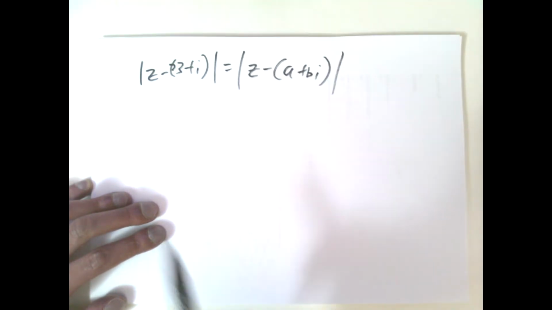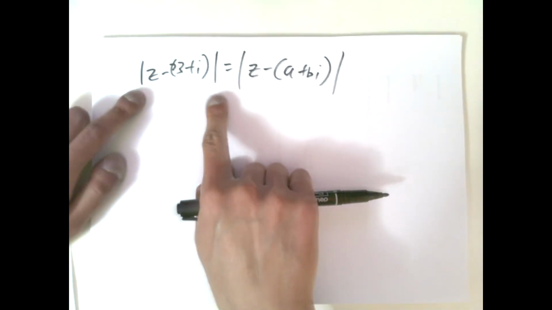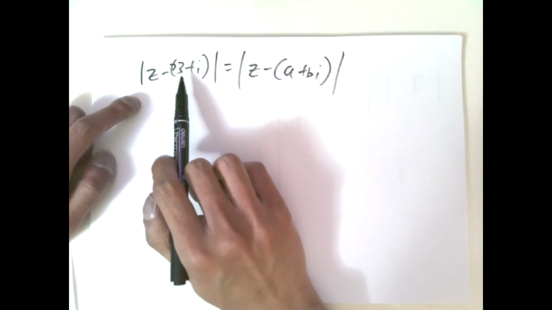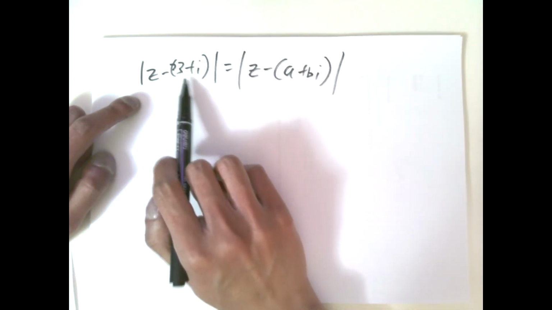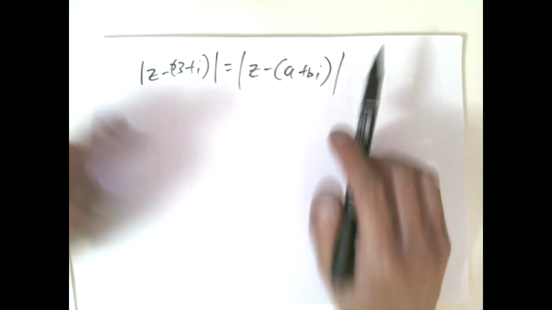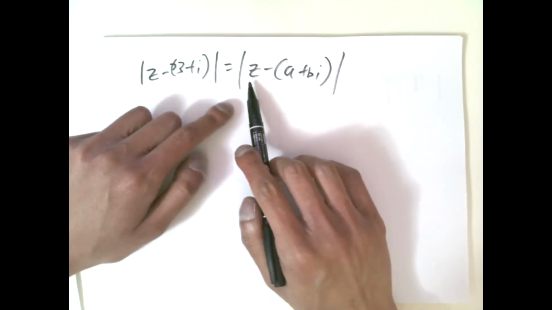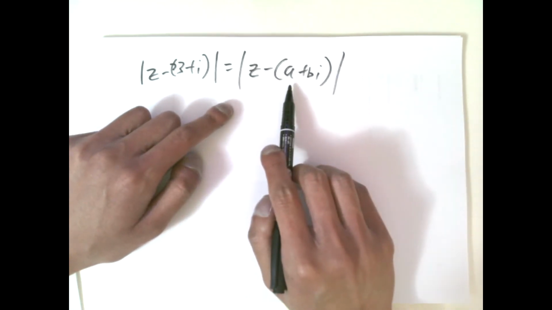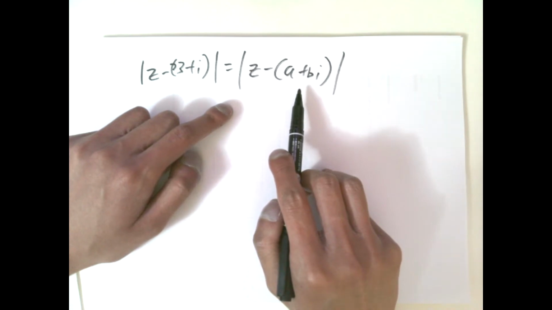Once again, what they're trying to say is that the distance the z is from the fixed complex number of 3 plus i is equal to the distance the z is from the fixed complex number a plus bi.